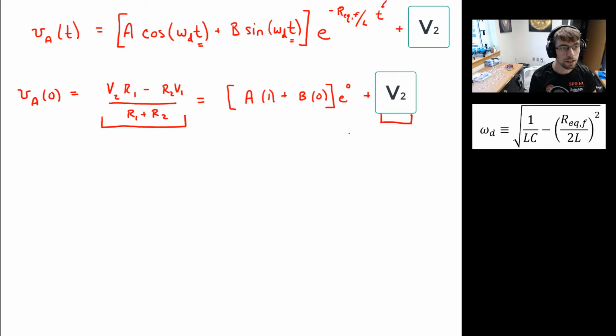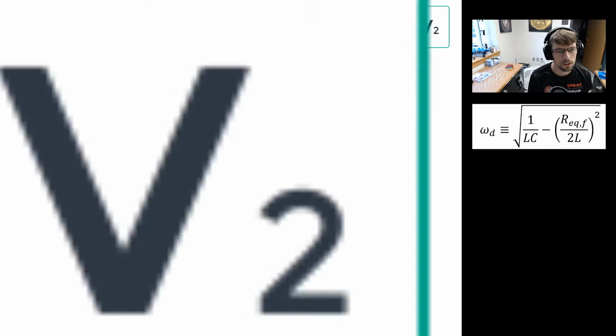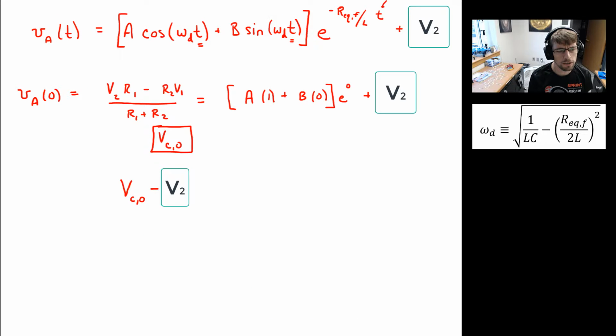And so what we end up with, if you'll forgive me, instead of rewriting this, I'll call this the initial potential across the capacitor. I'll just write it like that for right now. I keep saying charge. The initial potential across the capacitor. And so we get something that says the initial potential across the capacitor minus this V2 over LC value.